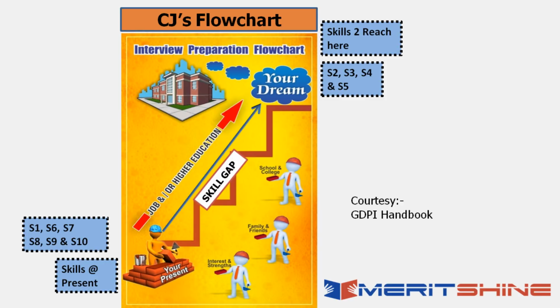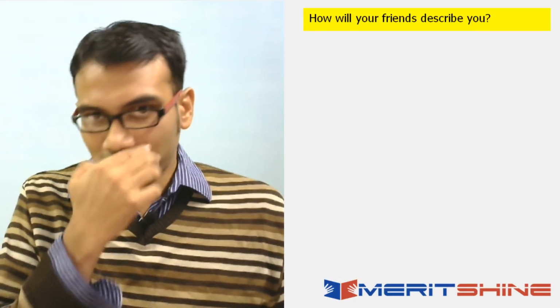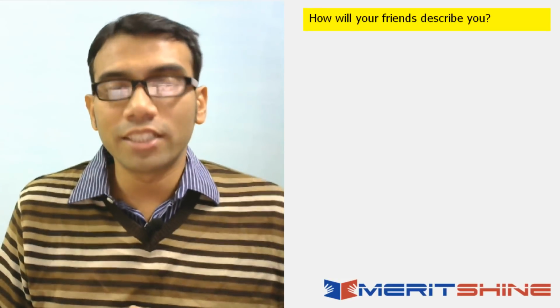You see, such a beautiful, simple one place from where all your interview queries can be solved. Right? So let us see whether we are able to answer the questions that come in an interview from this flowchart. First, as I have already put in here, is: how will your friends describe you?